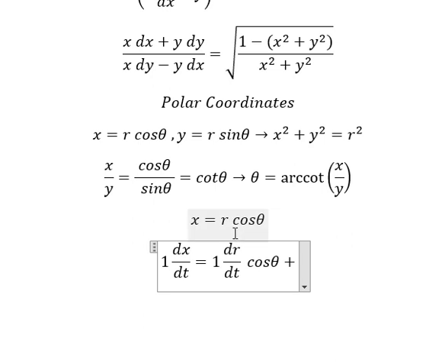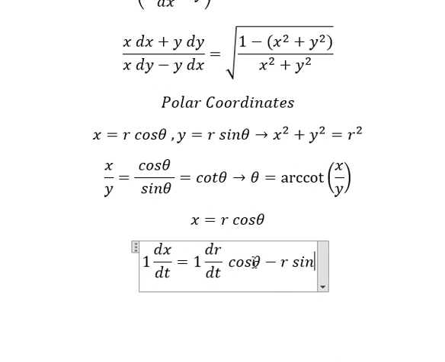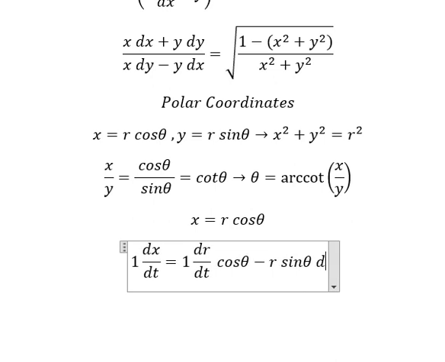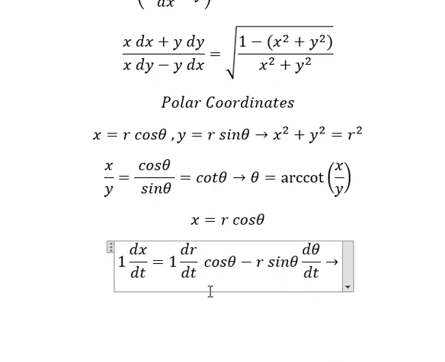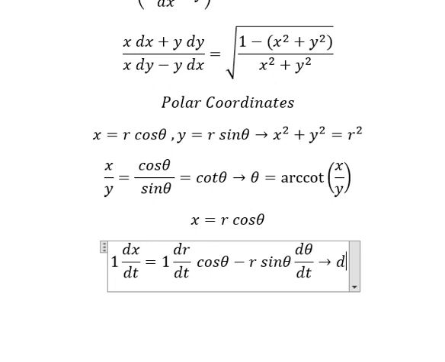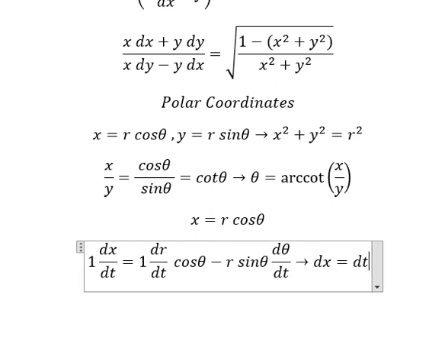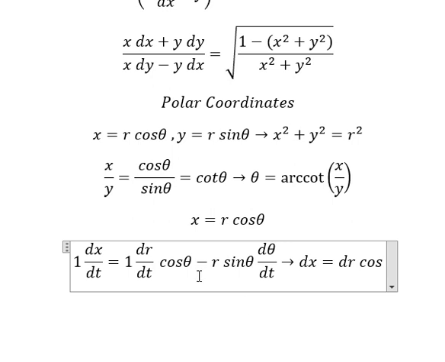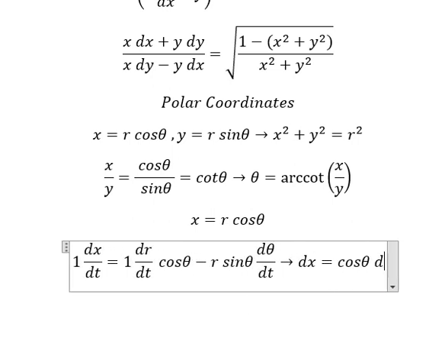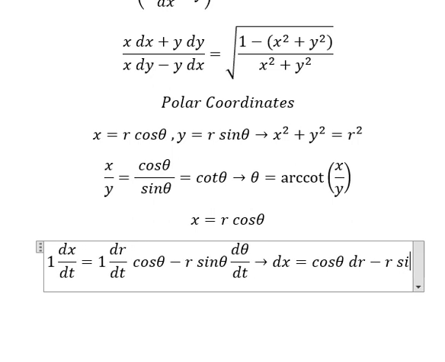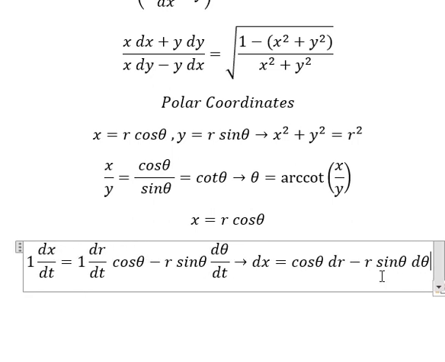Later we need to take the derivative of cosine theta. We have negative sine theta, and that is d theta over dt. And now we simplify dt. So we have dx equals dr cosine theta minus r sine theta d theta.